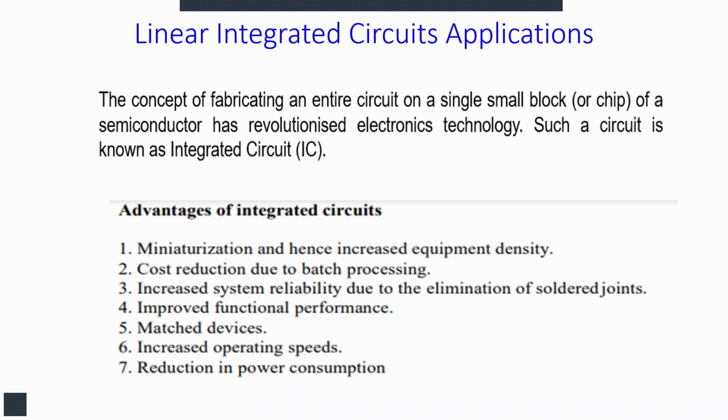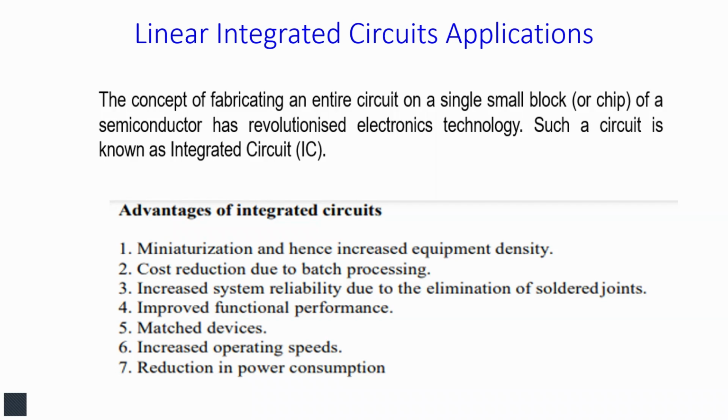Coming to the advantages of integrated circuits, that particular IC is available in the form of a small chip. So miniaturization is one of the advantages of ICs. Since the processing of IC comes under batch processing, the cost per chip is reduced.